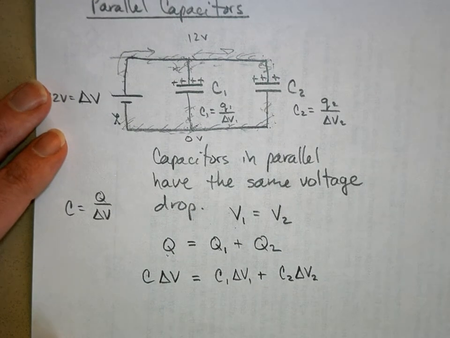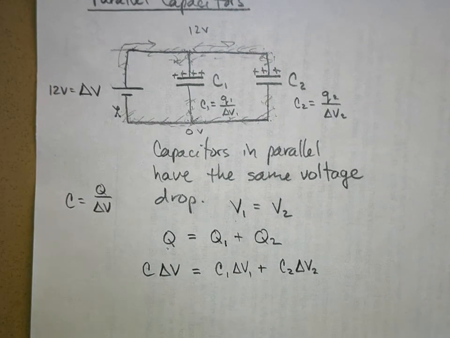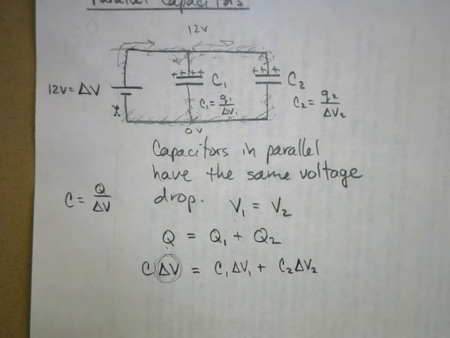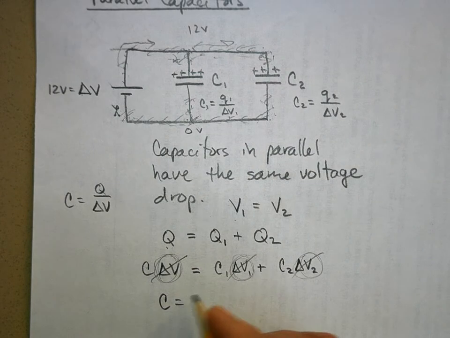What do we know is true about this? This is the voltage delivered by the battery to the circuit. This is the voltage drop across the first capacitor, and this is the voltage drop across the second capacitor. What's true about those voltages? They're all the same, so what happens to them? They cancel out. And so C is equal to C1 plus C2.